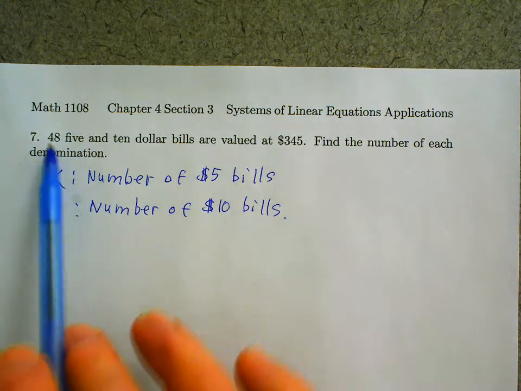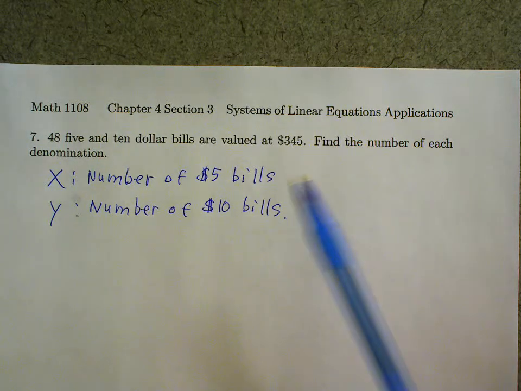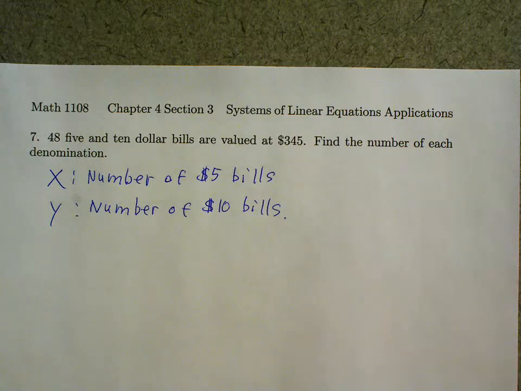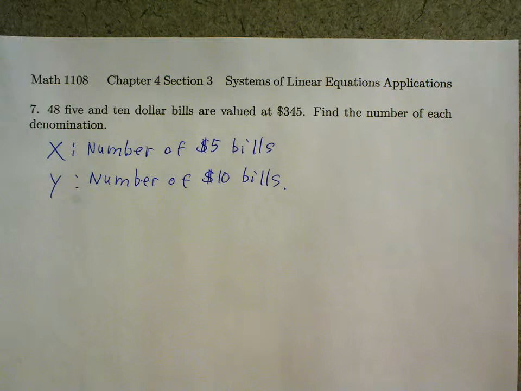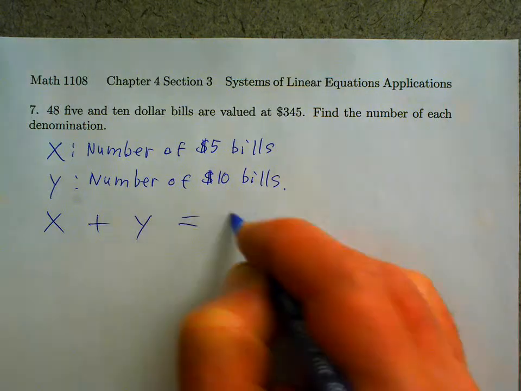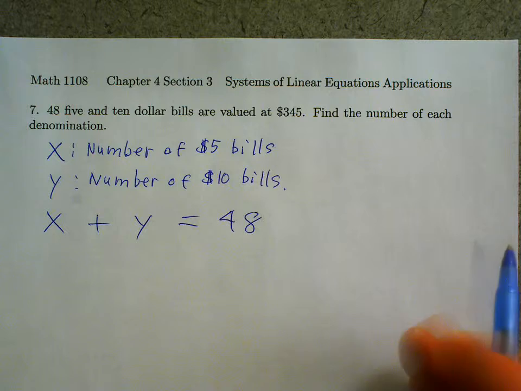Altogether, we have 48 $5 and $10 bills, and the value of all of that is $345. So what's one equation? X plus Y equals 48. Yeah, X plus Y is 48. So this is just the number of bills.